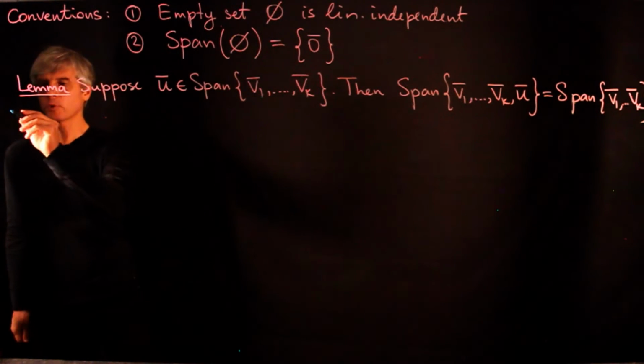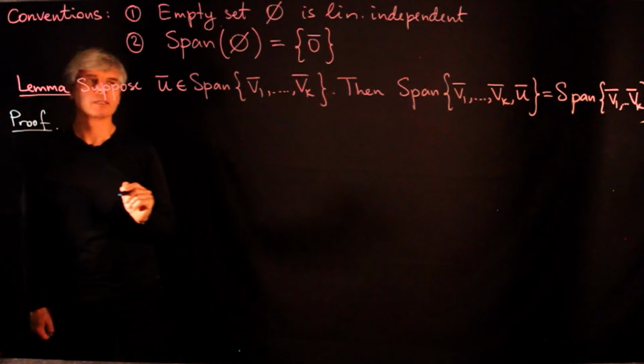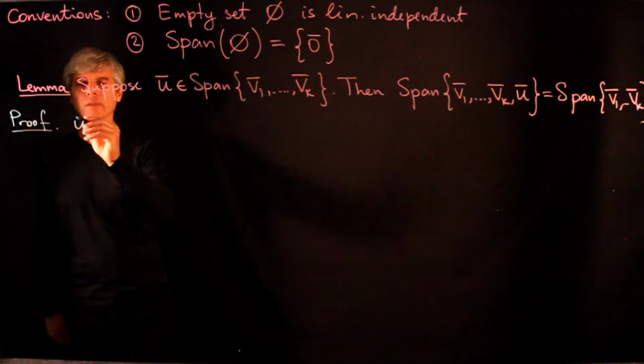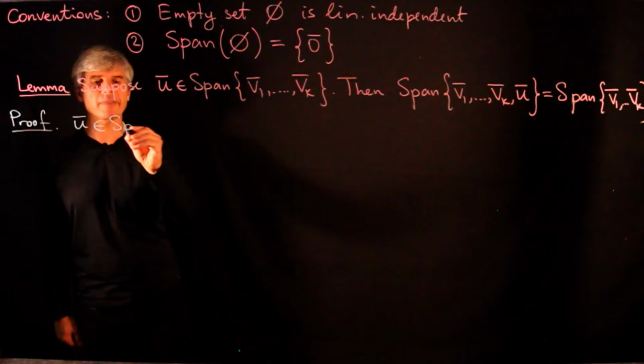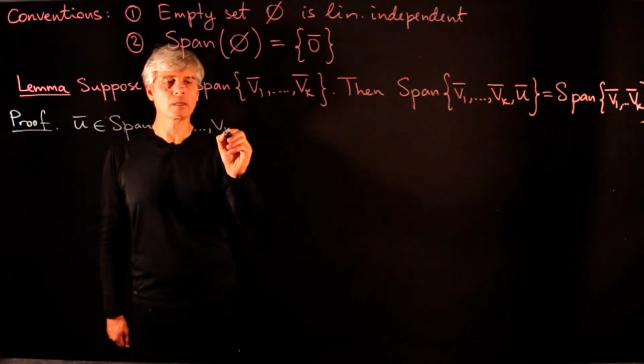So let us give the proof of the lemma. What does it mean that u belongs to the span of v1 through vk?